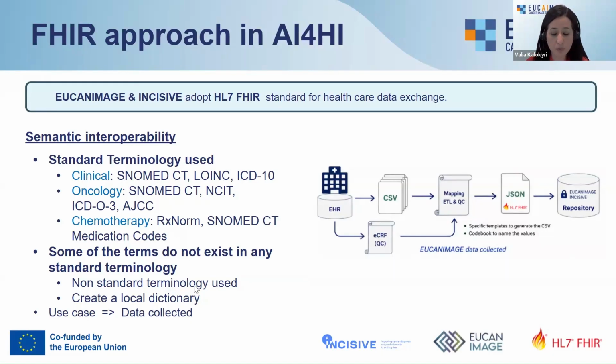And the problem we saw here is, again, that some terms are not standardized and they do not exist in any standard terminology. So what they did is they created a local dictionary, so they were able to represent that information.